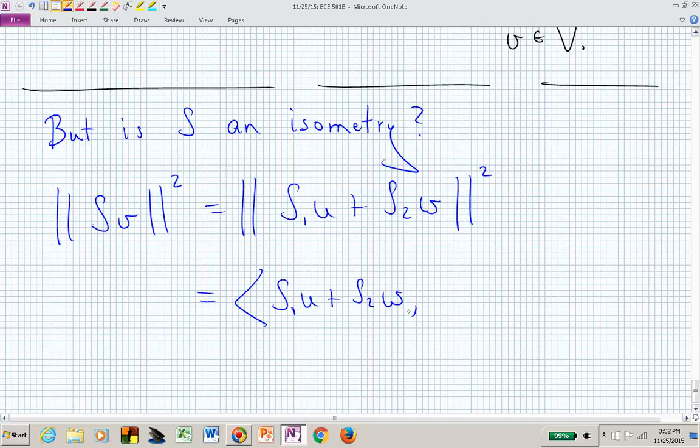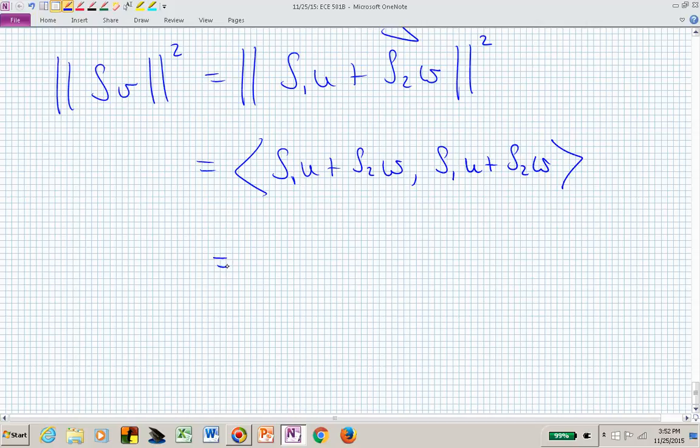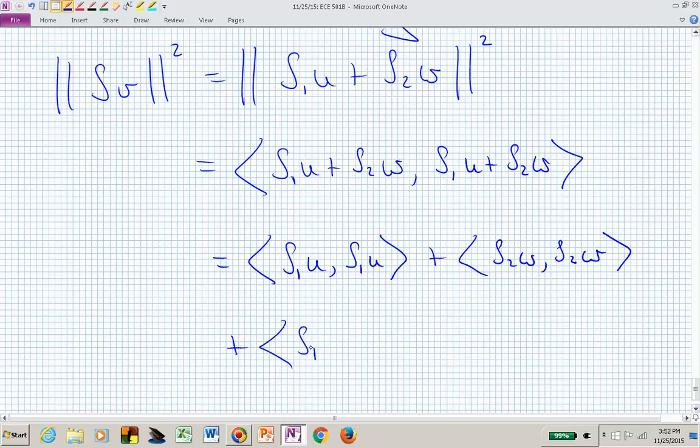So we now have the inner product of S1U plus S2W with itself. And that now gives us 4 inner products. We have S1U with S1U. We have the last two, S2W with S2W. Plus, we have S1U inner product with S2W. And we have S2W inner product with S1U.